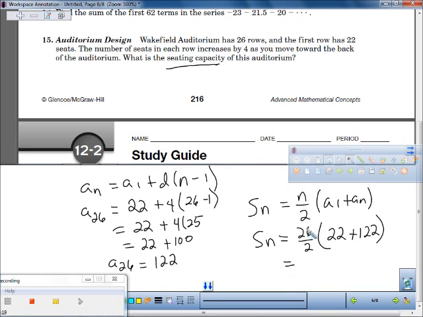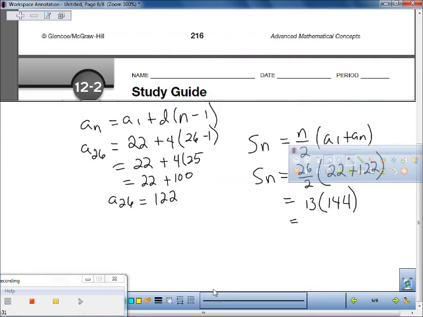So 26 divided by 2 gives us 13. Then we're going to add the 22 and the 122, and we end up with 144. Then we just multiply those together, and so the total seating capacity is going to be 13 times 144, or 1,872 for the number of seats.